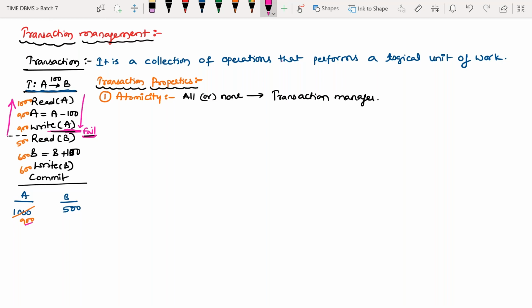Undo this means A was updated to 900, reverse it so that A changes back to 1000. Now it is correct. So what happens if any failure occurs? It is recognized by the transaction manager, which then reports to the recovery manager, the recovery system.